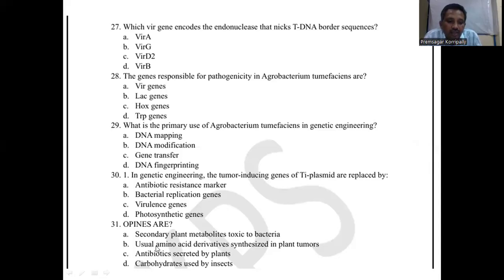The answer is that they are unusual amino acid derivatives synthesized in plant tumors. After formation of tumors, the T-DNA is integrated into the plant, then the opine genes are expressed and produce the unusual amino acids, which are used as carbon and nitrogen sources.